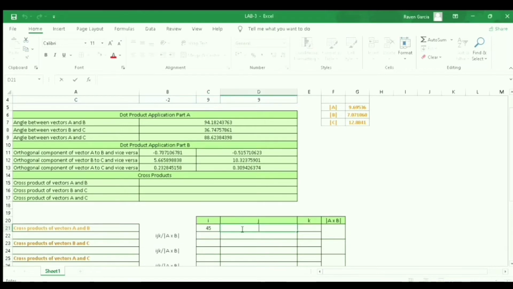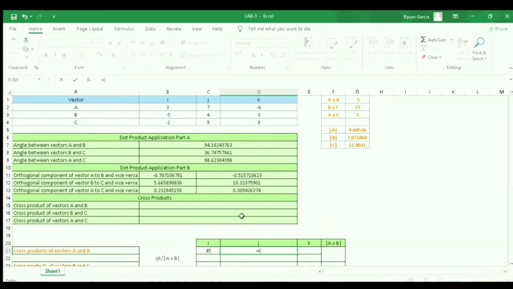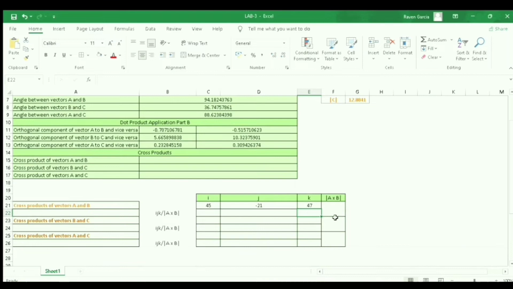In the same row, at column D, input the formula equals parenthesis B2 times D3 close parenthesis minus parenthesis D2 times B3 close parenthesis and hit the enter key, and the answer is negative 21. At the next column, E, input the formula equals parenthesis B2 times C3 close parenthesis minus parenthesis C2 times B3 close parenthesis and hit the enter key, and the answer is 47.